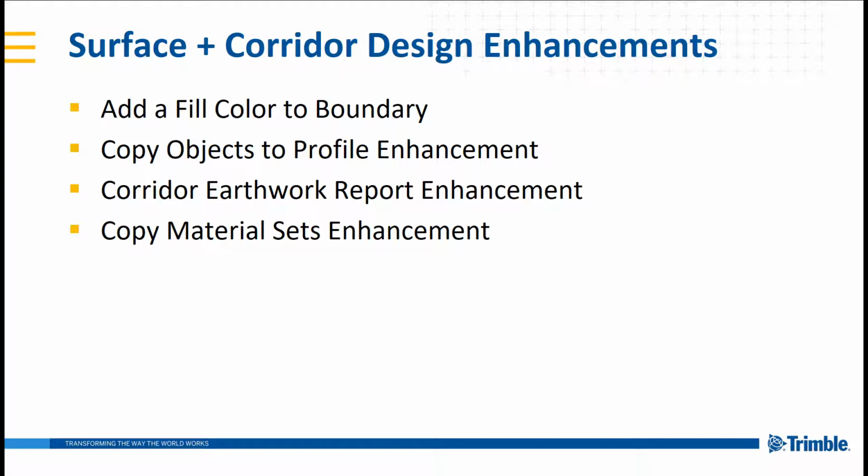Then you can copy that material set from that library into your local material and site improvement library. If the material set included is not already in the library you're copying to, that material is then also copied to that same library. So a couple of usability and workflow enhancements to surface and corridor design as well in TBC version 4.00.